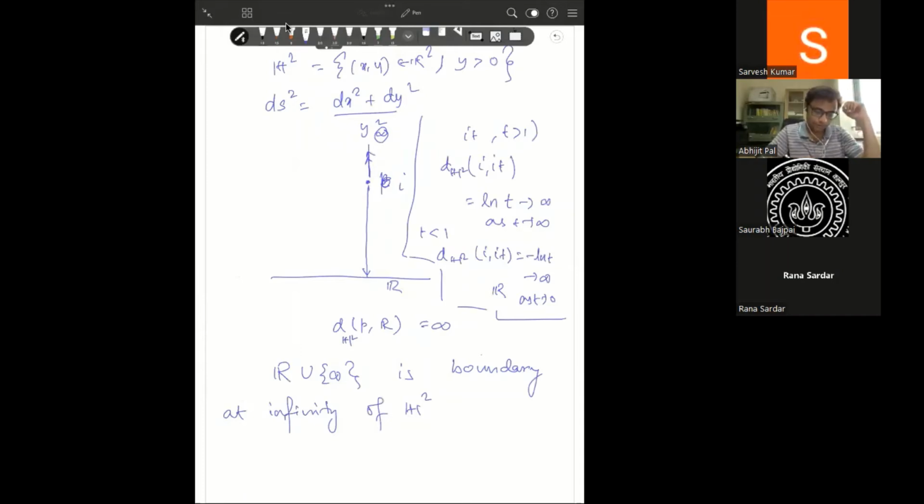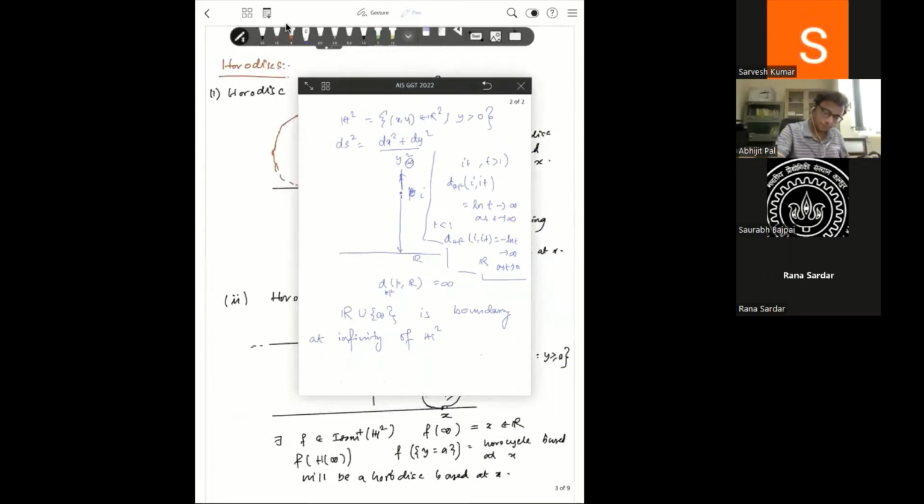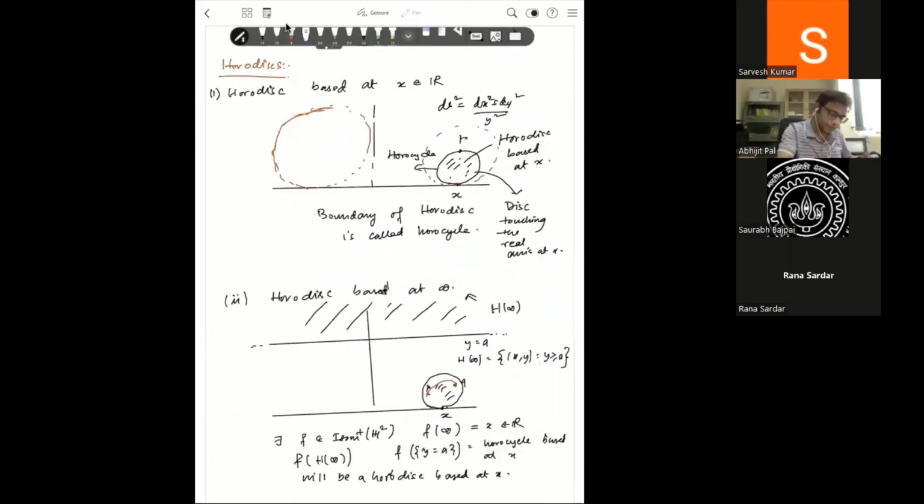Therefore R union infinity is something at infinity, although the Euclidean distance from i to R is finite.